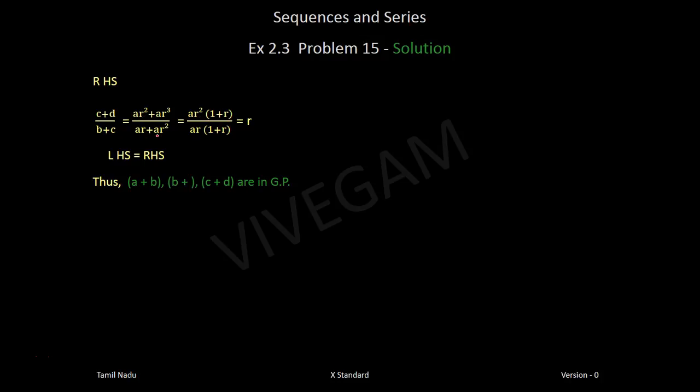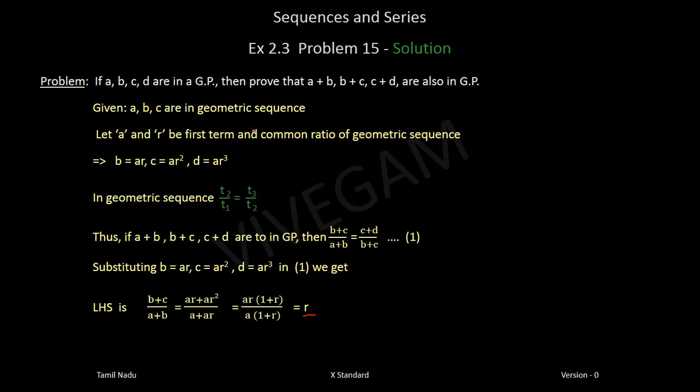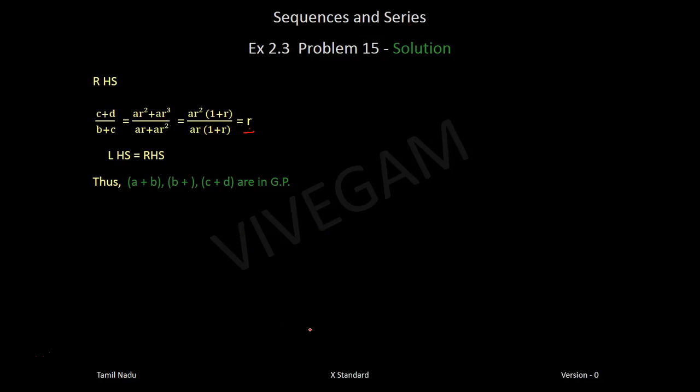Here AR is common between these two, so once you take AR, it becomes AR into (1 plus R). Again 1 plus R and 1 plus R will cancel, A and A will cancel, and R squared by R gives R. Thus you can see the right hand side also reduces to R. The left hand side also reduces to R, which means the LHS equals the RHS, which means these three are in GP.